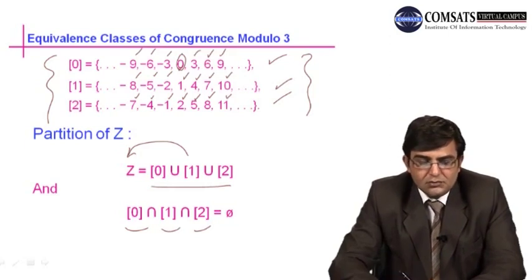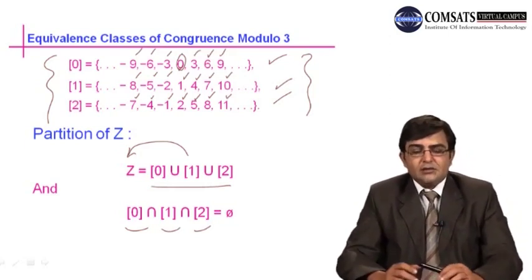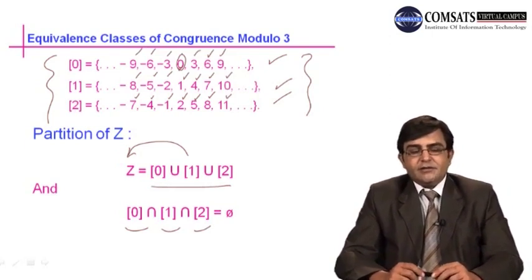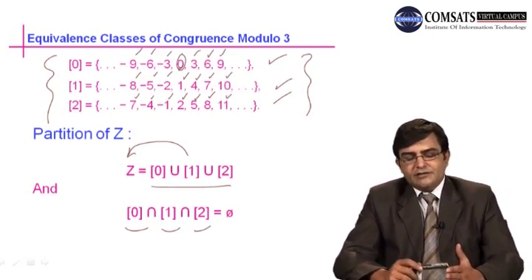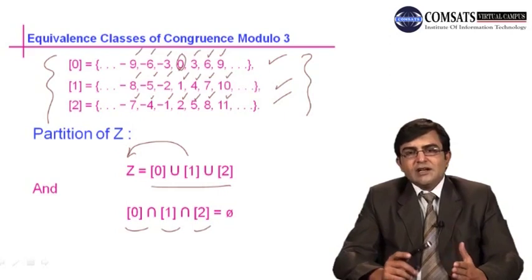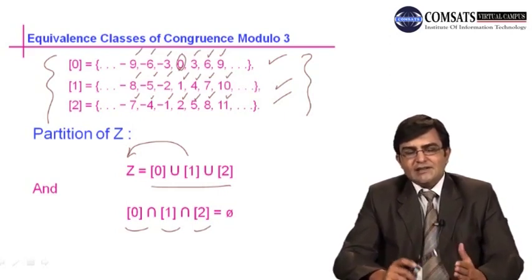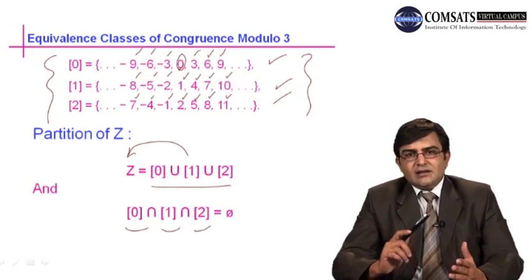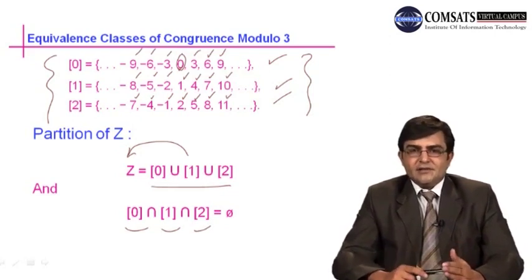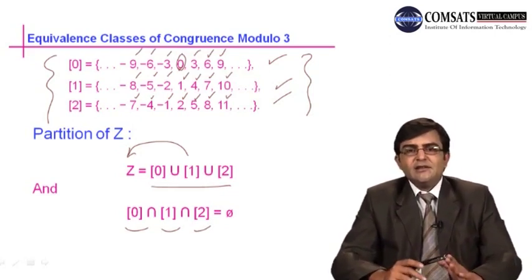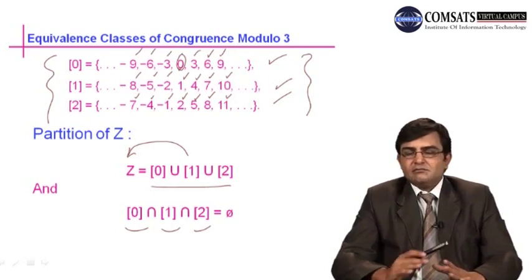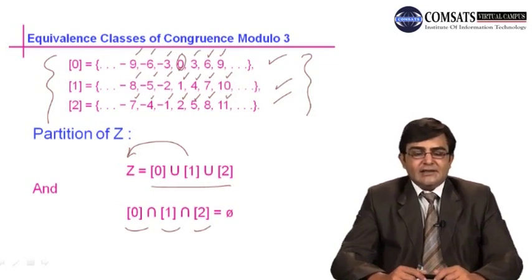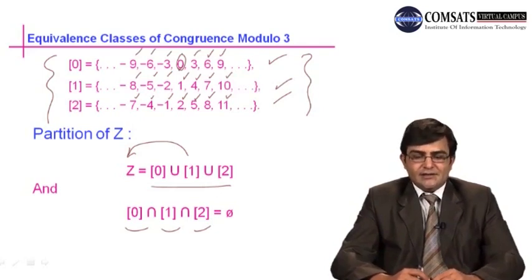So we conclude here that an equivalence relation on any set divides the set into subsets, which form a partition of that set, as we have seen in this case of the set Z of integers.